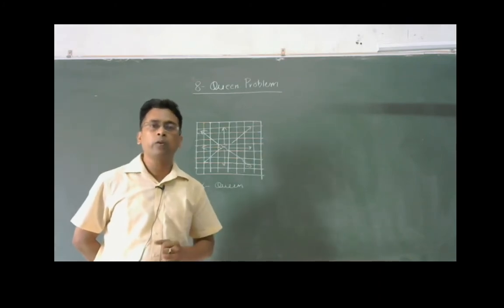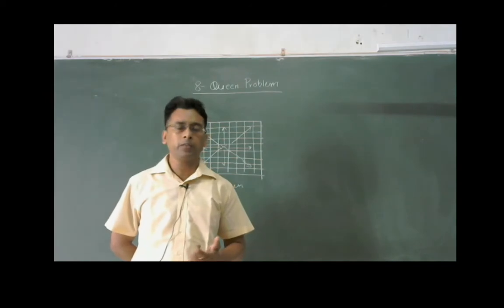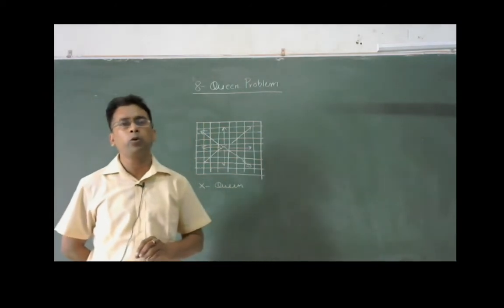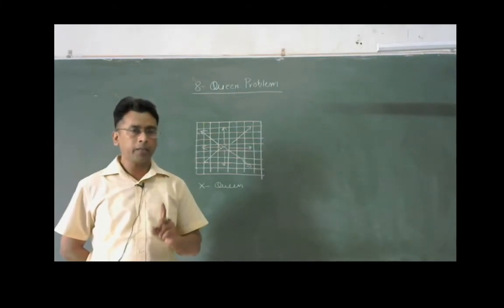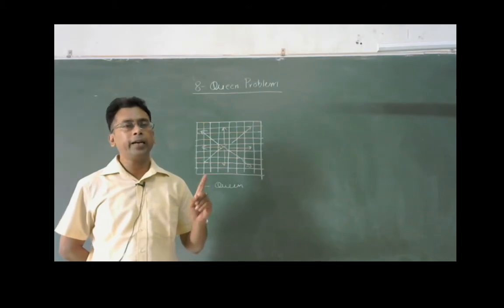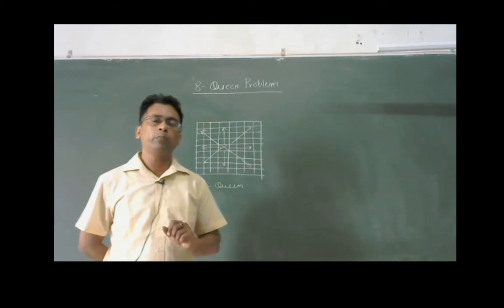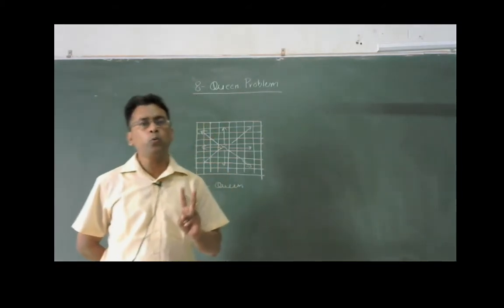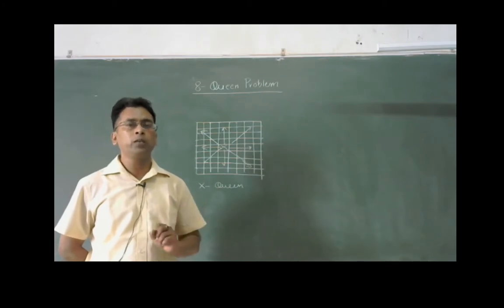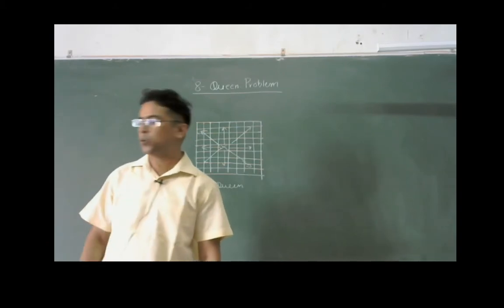What will be the 2 queen problem? Very simple. The 2 queen problem is like placing two queens on a chessboard of size 2 cross 2. In the 8 queen problem we are placing 8 queens on an 8 cross 8 chessboard. In the 2 queen problem we will try to place 2 queens on a 2 cross 2 board so that no queen hits each other. So first we shall start with the 2 queen problem.